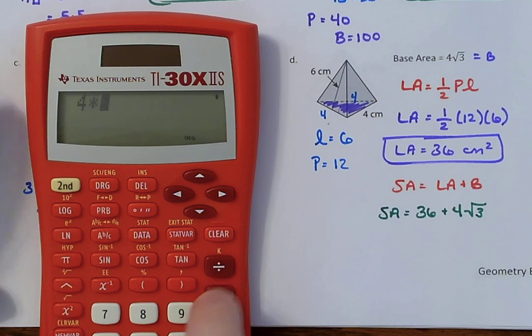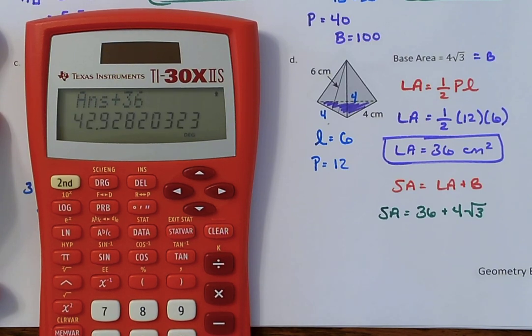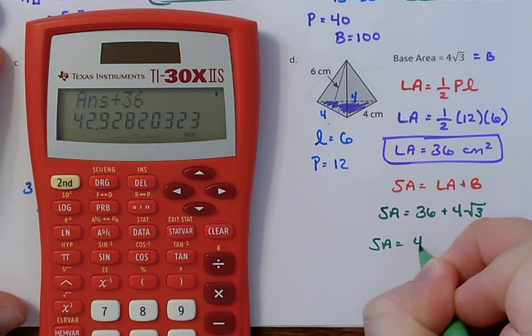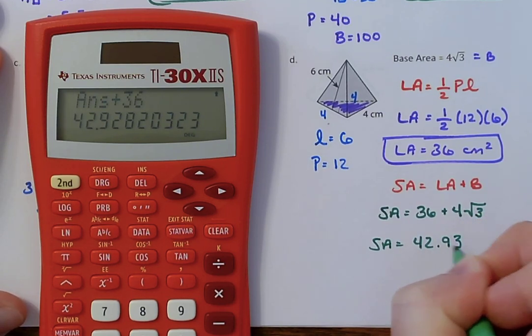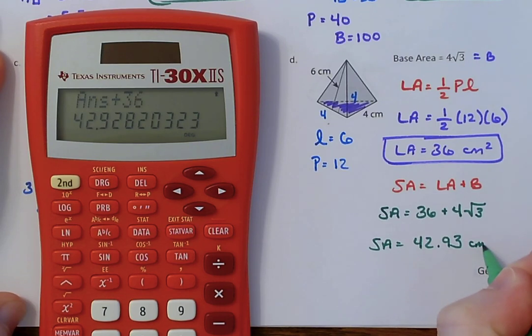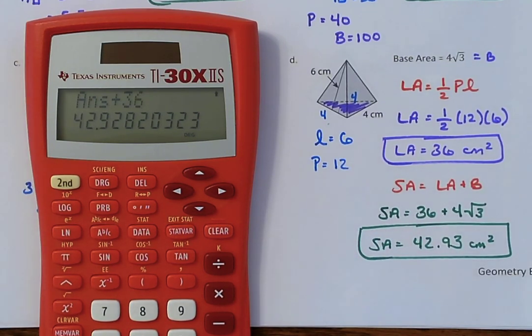So it's 4 times the square root of 3 plus 36 gives us a surface area of 42.93 centimeters squared, and that is our surface area.